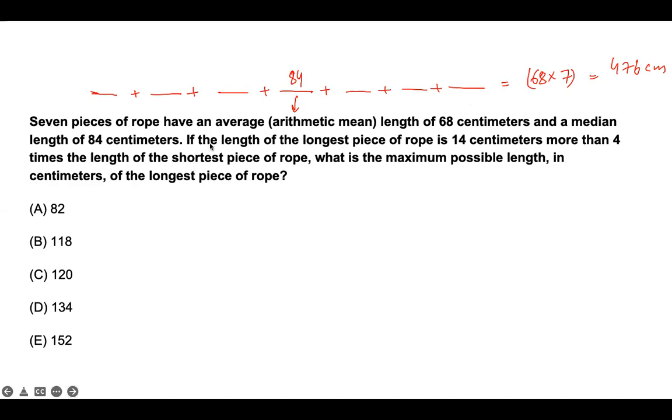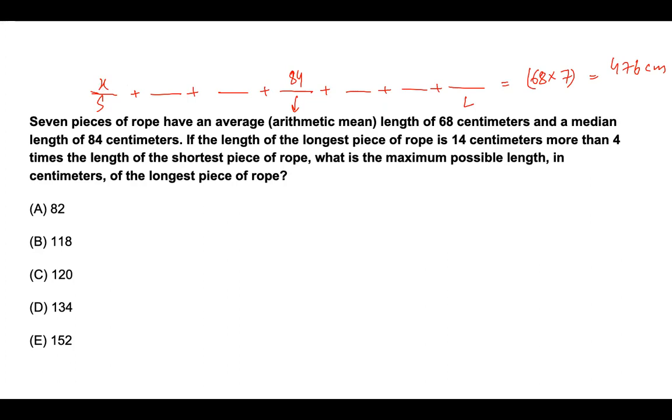The next thing is, this is the longest and this is the shortest. The length of the longest piece is 14 centimeters more than 4 times the length of the shortest piece of rope.